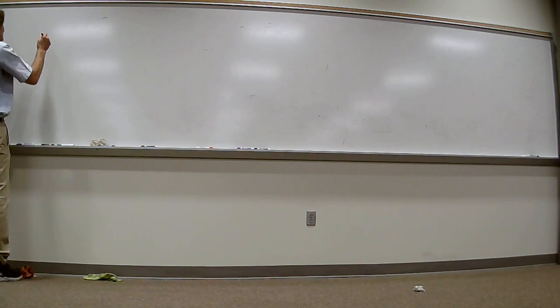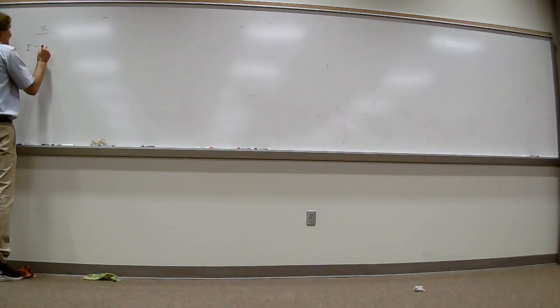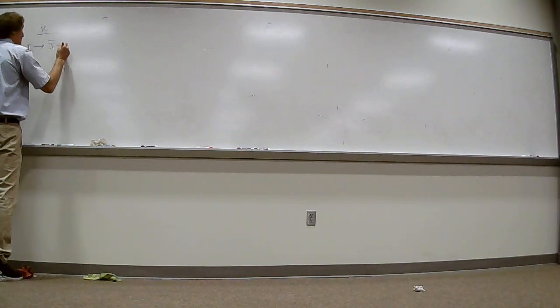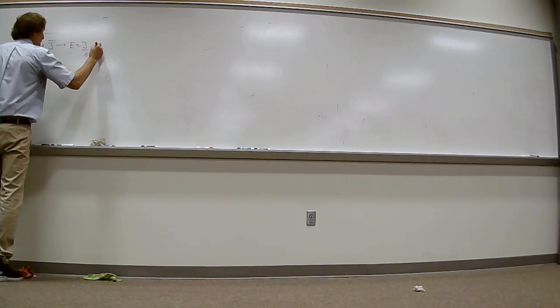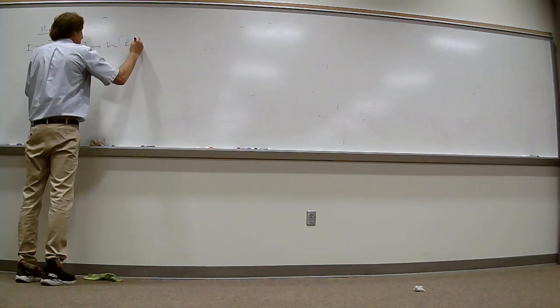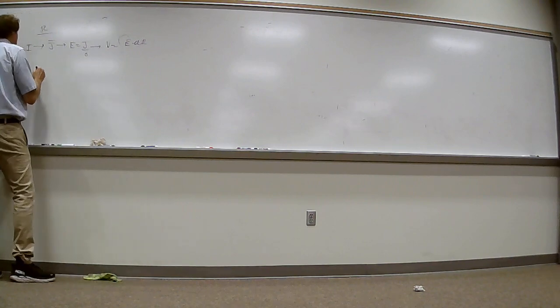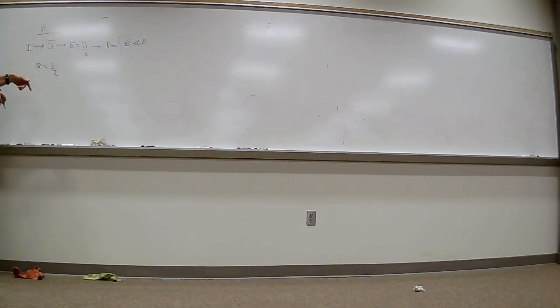Remember, for resistance R, what I typically do is assume I and get J. From J I get E, which is simply J over sigma. And then from there I get V, which is equal to the integral of E dot dl. And finally, to get R, it's V over I. The I assumed here will cancel. That's the method. Everybody with me?